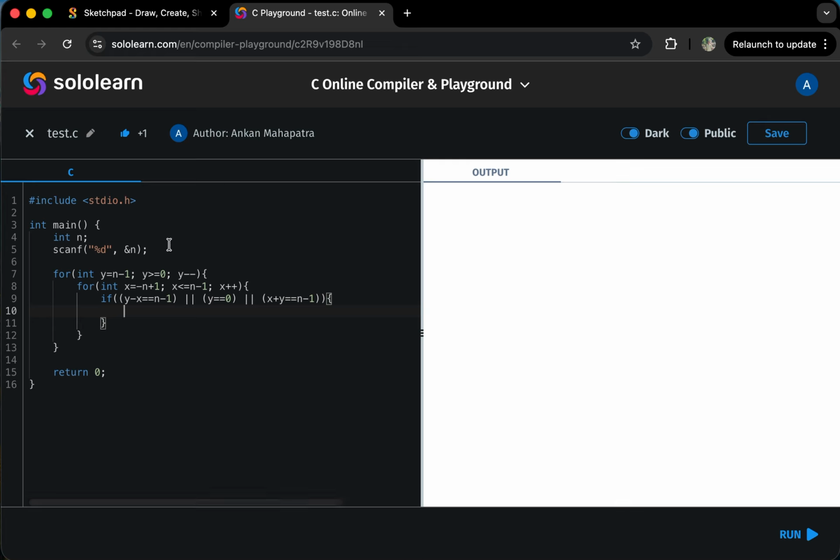So if the point satisfies any of these, either this line or this line or the third line, if any one of these equations satisfies for the given point x comma y, then we have to print a symbol. Let's print star. And in the else case, if it does not satisfy, then we can print a space.